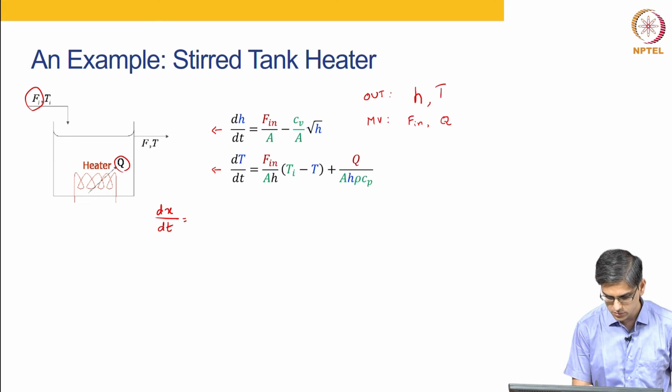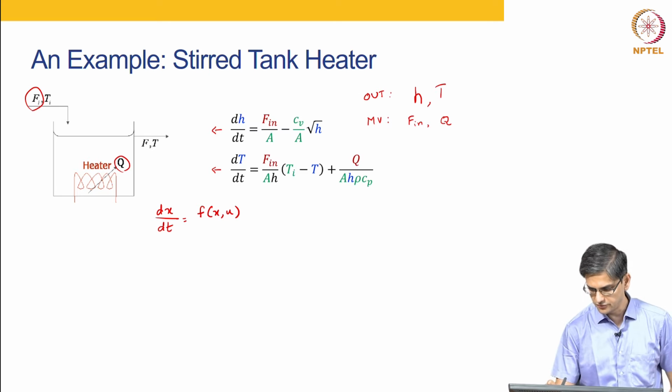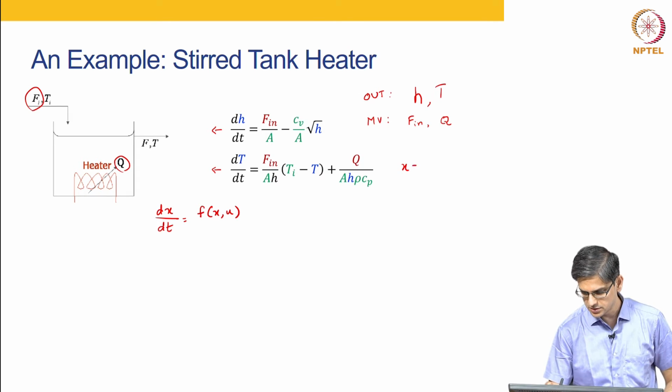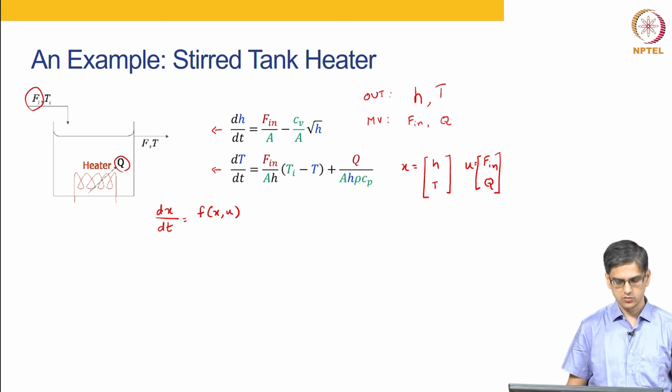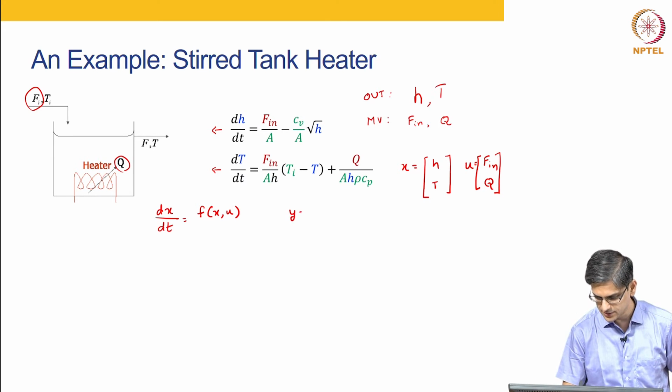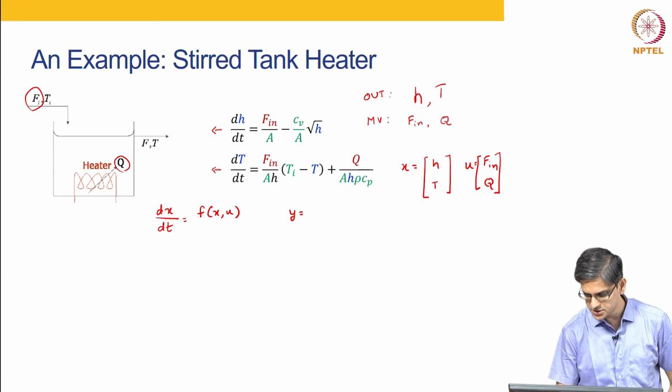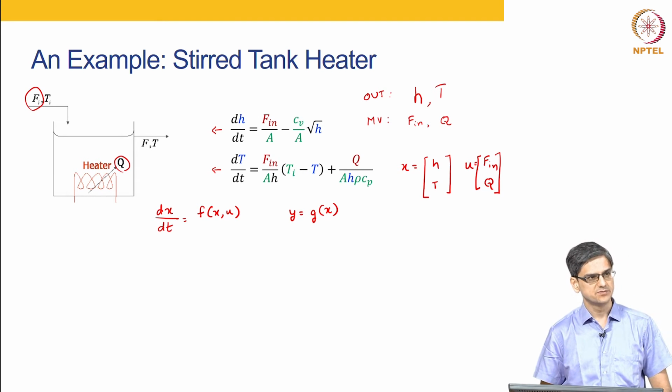equal to f of x comma u, where in this case x is h and T, u is F in and Q, and y is going to be C multiplied by x, or in general y can also be non-linear and it is g multiplied by x.